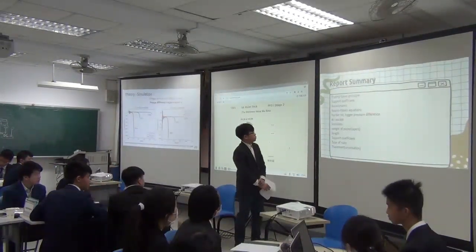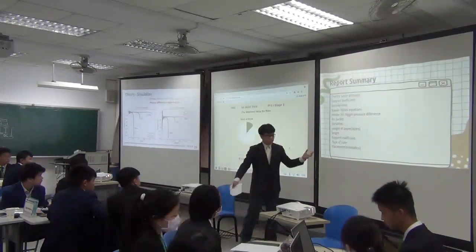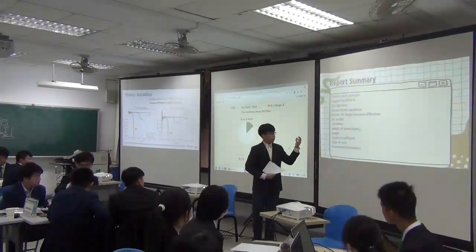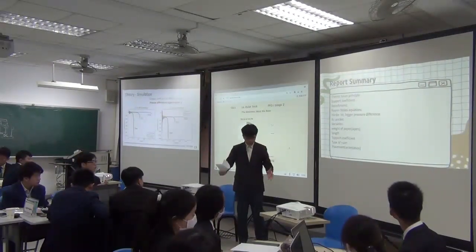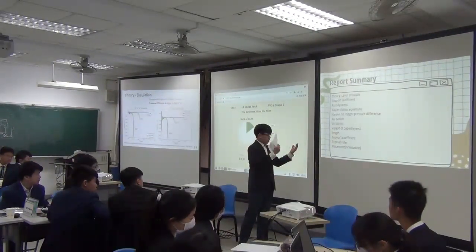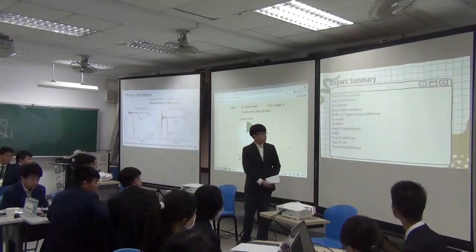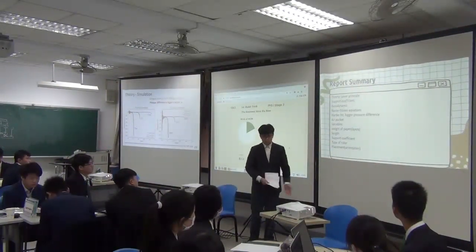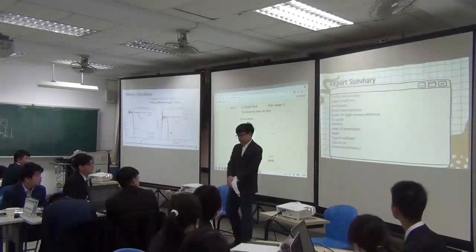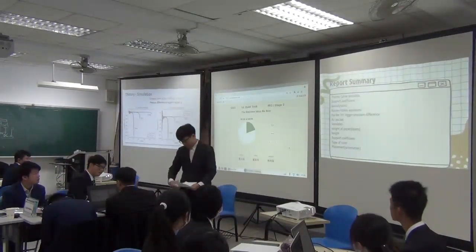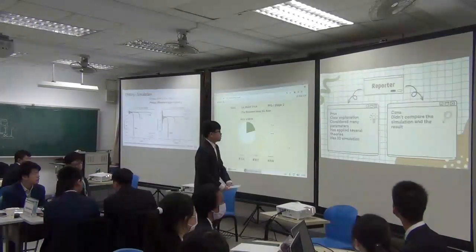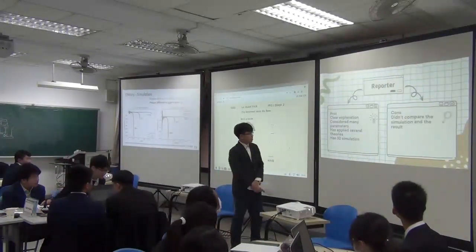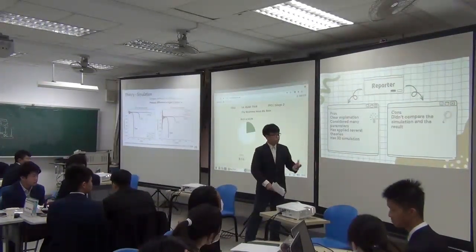So, the report summary is that the reporter made a lot of models and has 3D flows, using the theory of air pockets and many theories, and also different layers of paper, and did a lot of experiments. So I think it is a good experiment, but he didn't consider many things.